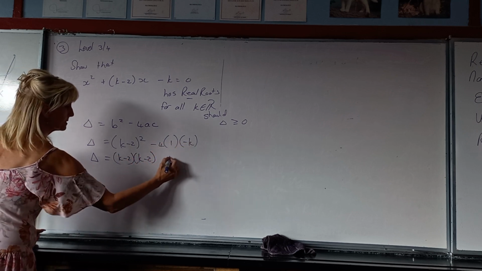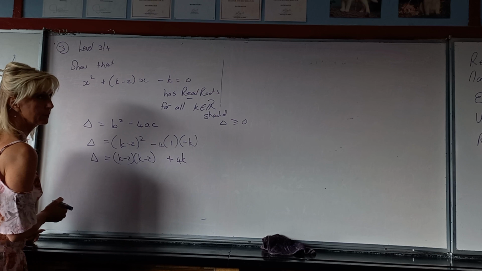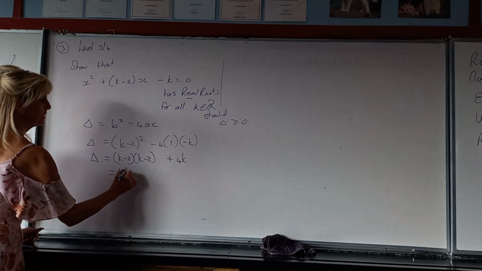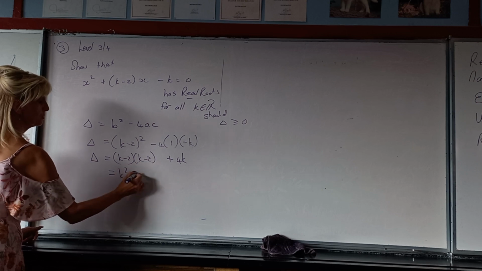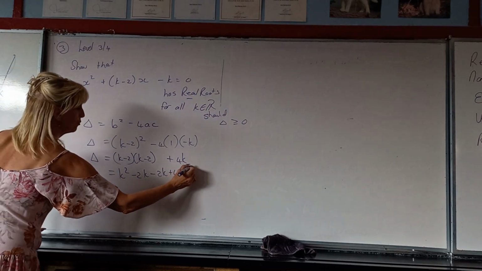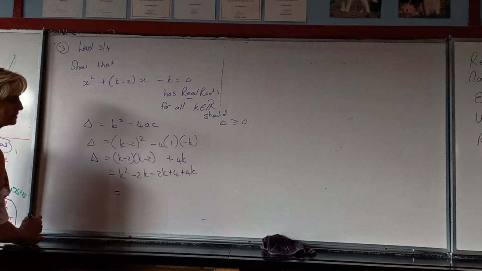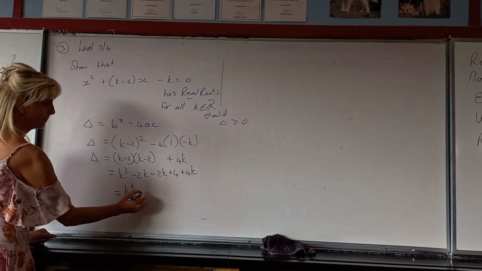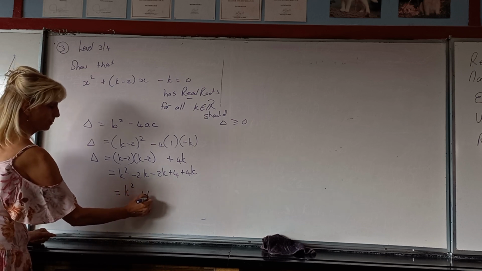This will be plus 4k. Minus times a minus, 4 times k. And this will be k squared minus 2k minus 2k plus 4 plus 4k. And so the answer, if we add up the like terms, is k squared plus 4.